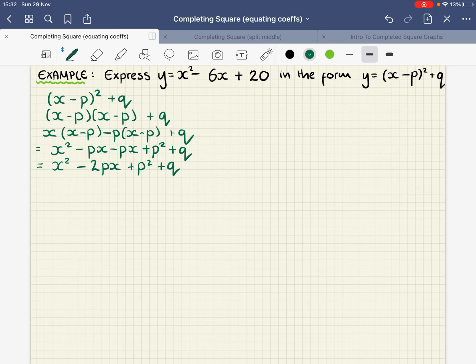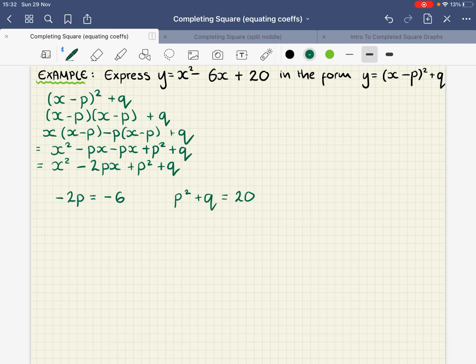So then I want to equate my coefficients. So the first one, I've got this minus 2p, and that's going to relate to this minus 6 here. So I'm going to have minus 2p equals minus 6. And then I've got that p squared plus q equals that positive 20. So p squared plus q equals 20.